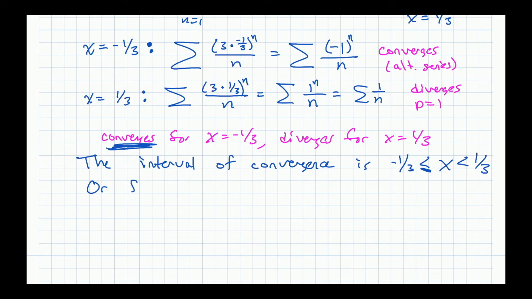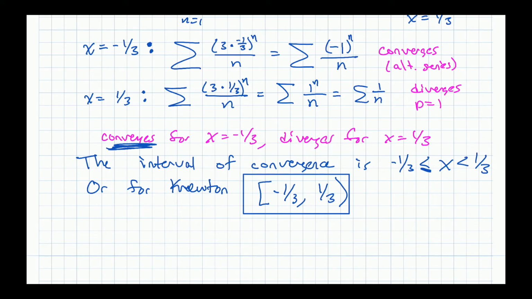Or for Newton, where they want it in interval notation, you would write that as square bracket -1/3, +1/3 parentheses, to include the -1/3. All right, and that is an interval of convergence.